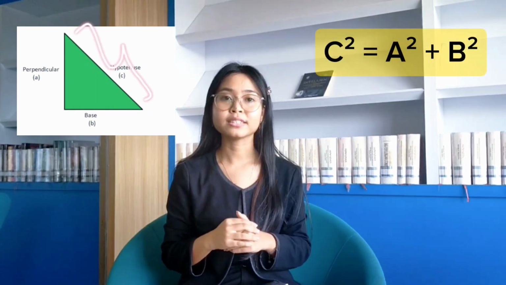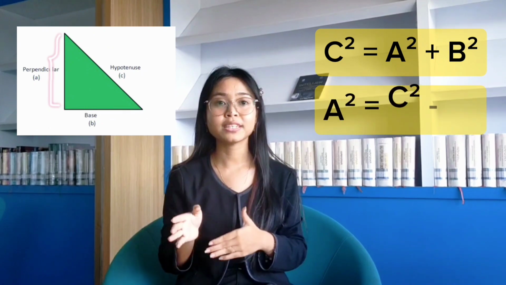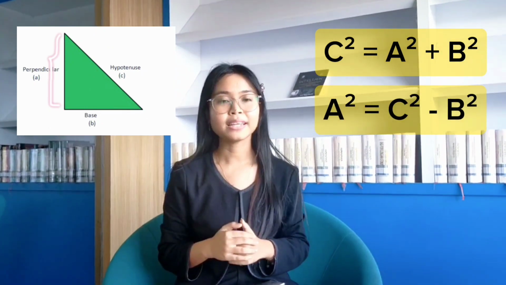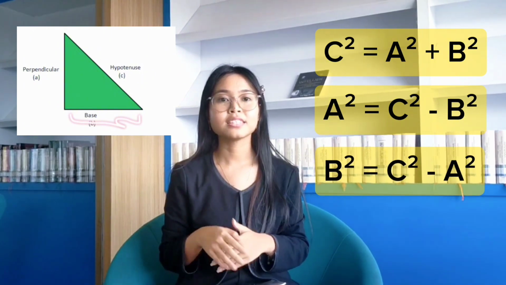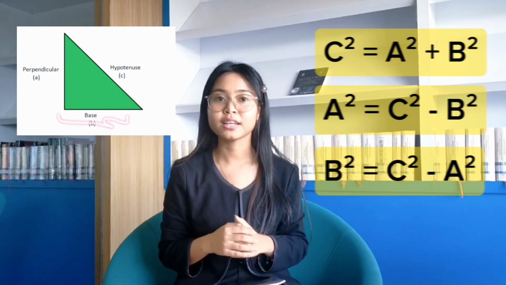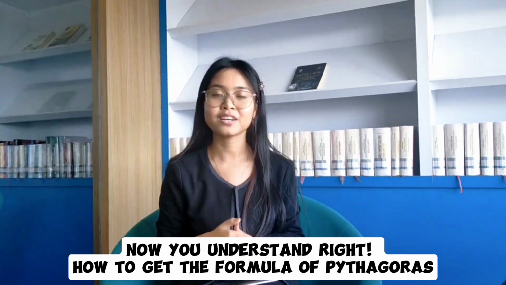So the formula to find side C is C squared equals A squared plus B squared. Side A is A squared equals C squared minus B squared. Side B is B squared equals C squared minus A squared. Now you understand, right, how to get the formula of Pythagoras.